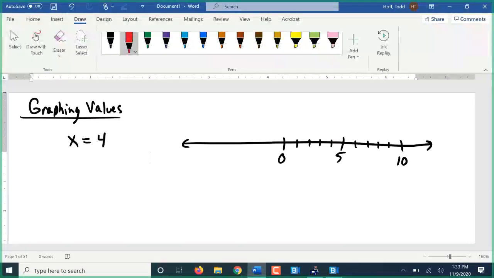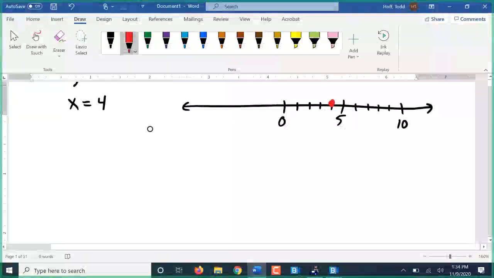So a simple way of representing a single value, if we're not going to be using it to mechanically combine it with anything else, is to just put a dot at that value. So we can just put a dot at 4. Well, that's if we're representing a single value like that.